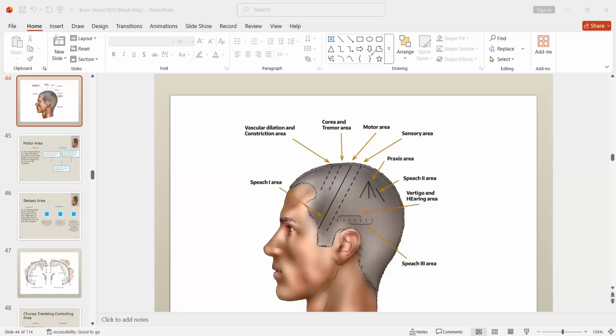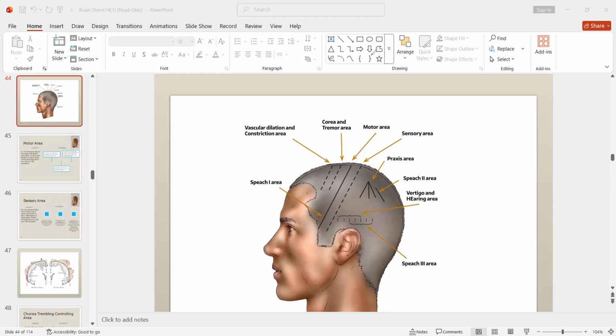Then there is the chorea and tremors area, 1.5 centimeters anterior to the motor area, and it is a 4 centimeter line. Then 1.5 centimeters again we go to the anterior side. Then there is the vascular dilation and contraction area. It is for edema and spleen problems.